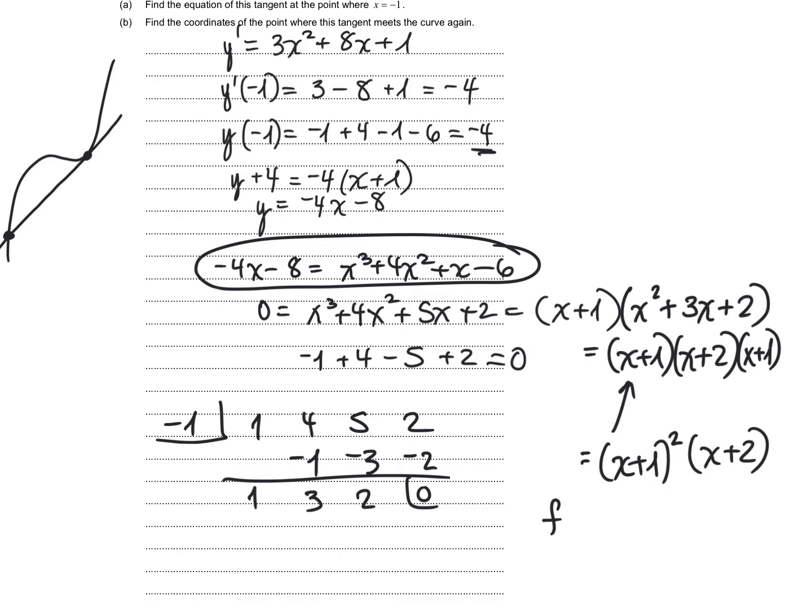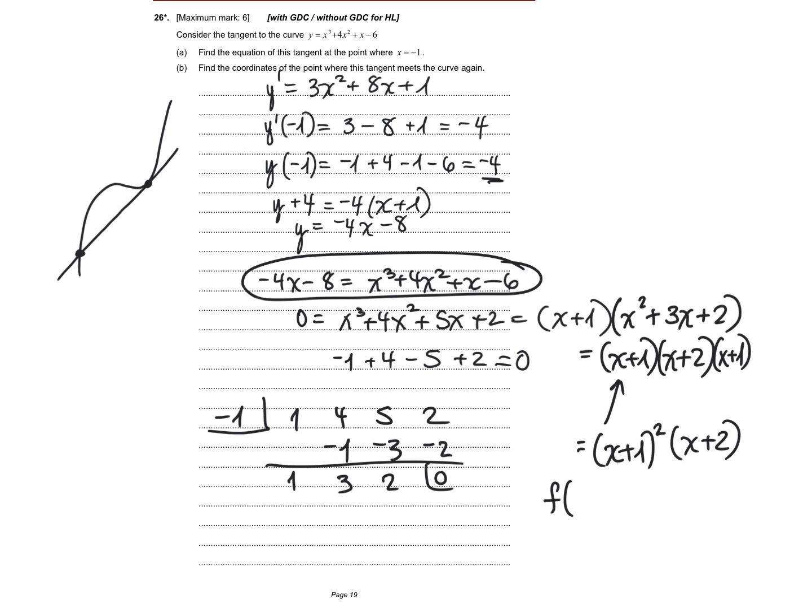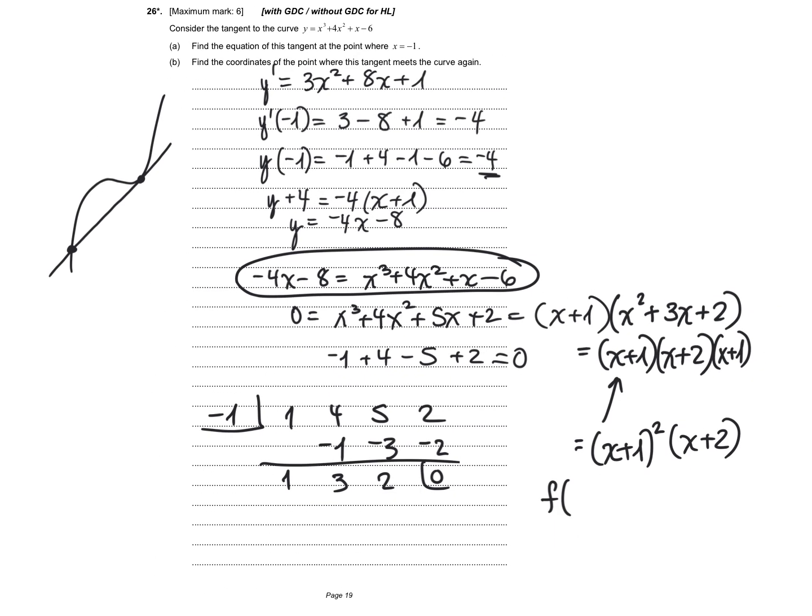So if we do into the function, we can do it into either the tangent or the x cubed one. I'm obviously doing into the tangent because that's way easier. So if we do -4 times -2, which is 8 minus 8, so 0.